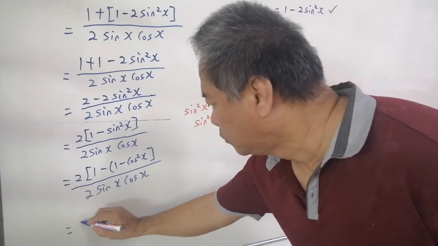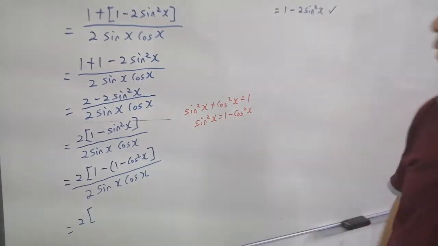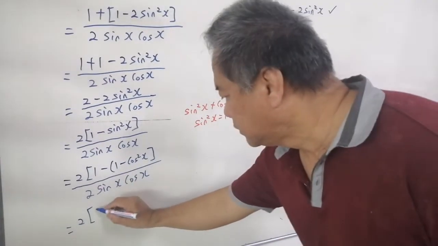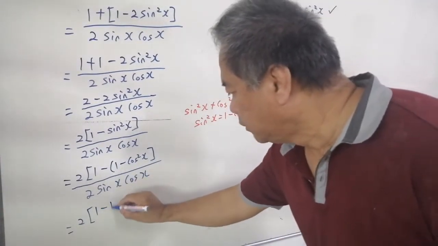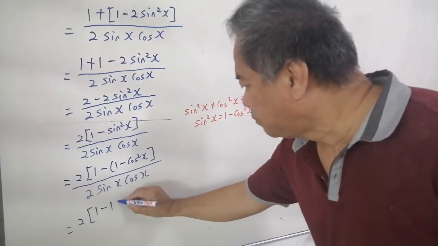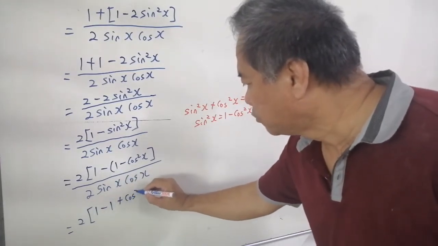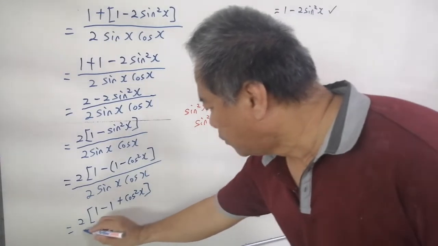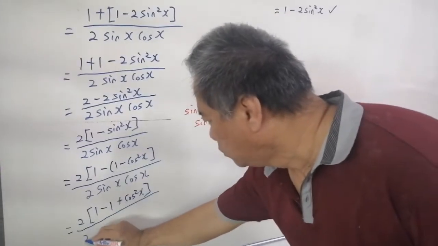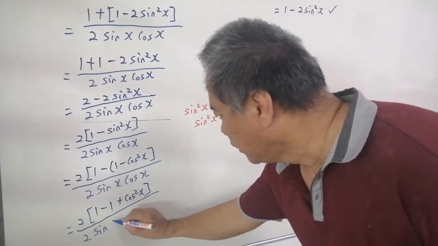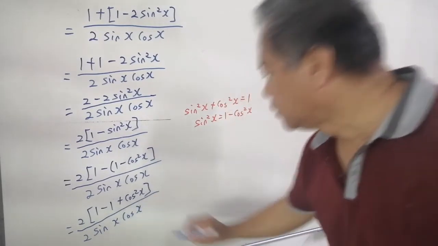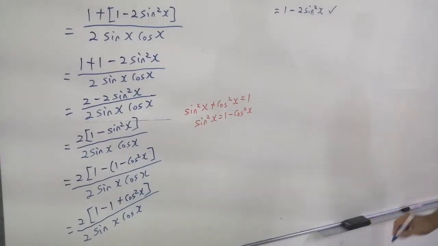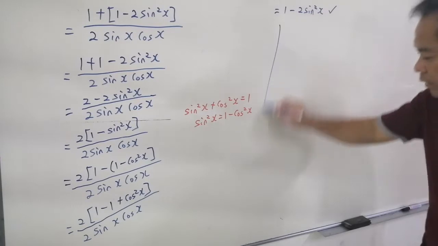Simplify this first: 1 minus 1, minus becomes plus, cos square x over 2 sin x cos x.